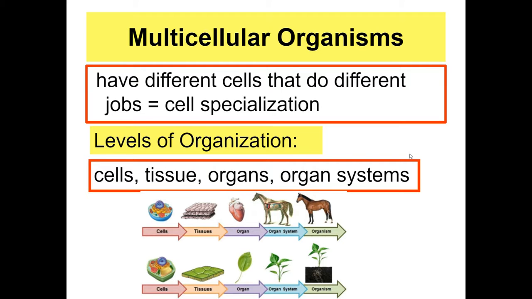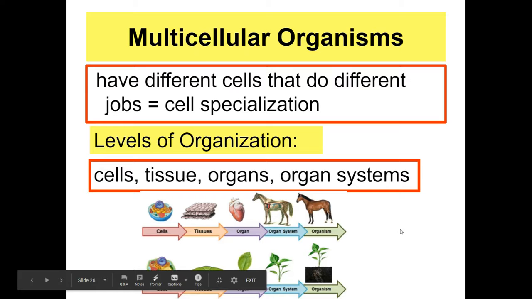And so those cells get organized into tissues and organs and organ systems to help the organism actually function. And so a lot of times, if an organ fails, if your heart fails, then it can definitely impact the entire organism. Okay, so all of these have to work together to be able to support the life of that multicellular organism.